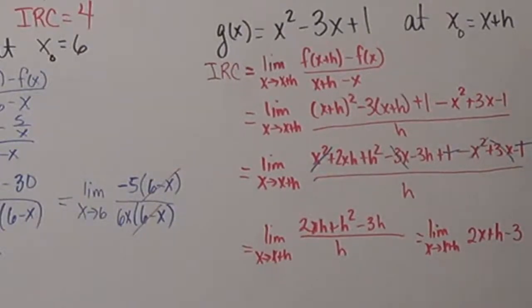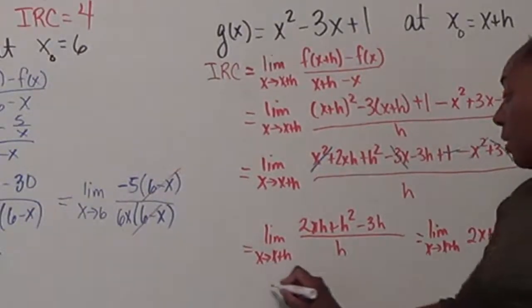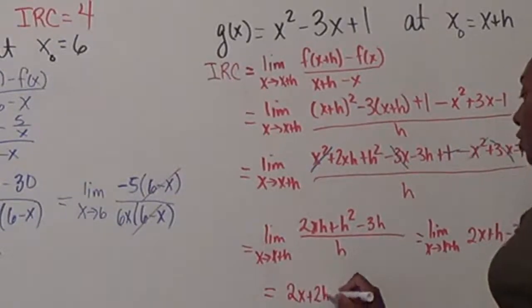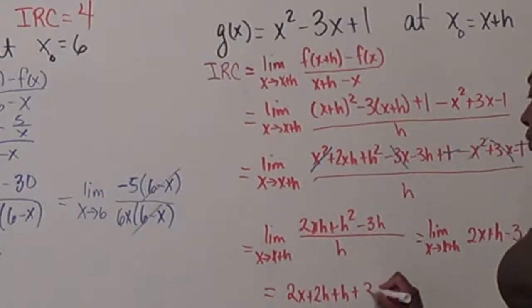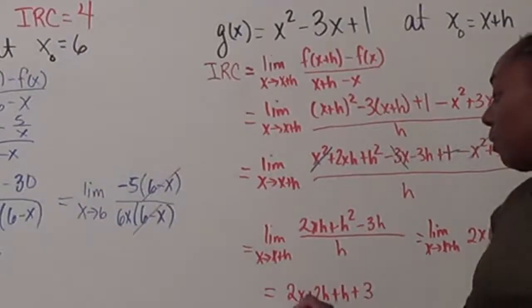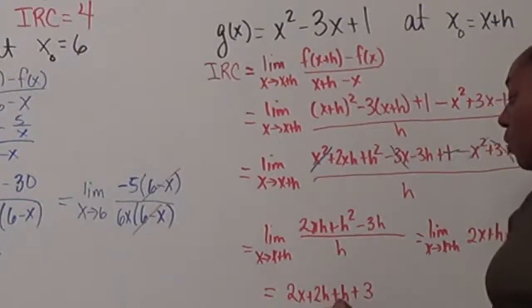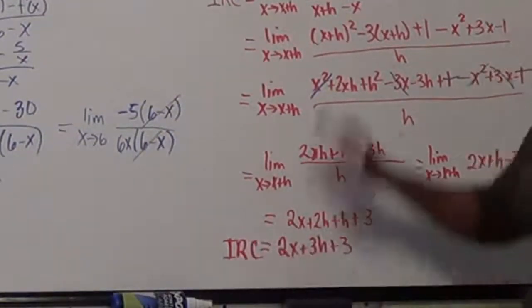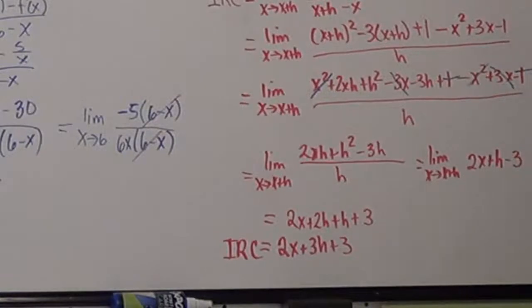Plugging in x for x plus h gives us 2x plus 2h plus h minus 3, which we can rewrite as 2x plus 3h minus 3. There's our instantaneous rate of change at x plus h for this particular function.